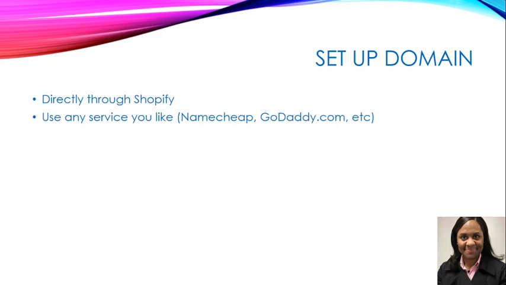But you're able to get a domain through Namecheap, GoDaddy, or wherever else. A lot of times I use Namecheap if I want another domain, but I believe I went directly through Shopify for 2 of my stores. So you could do that as well.